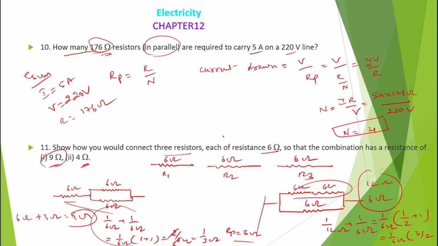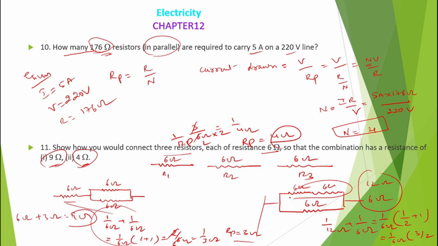Okay, I will write here: 3 by 6 ohm into 2. 3 ones are 3, 3 twos are 6. So you will get 1 divided by 4 ohm. Okay, that is 1 by Rp. So if you want only Rp, you will get 4 ohm. See, you got the answer.